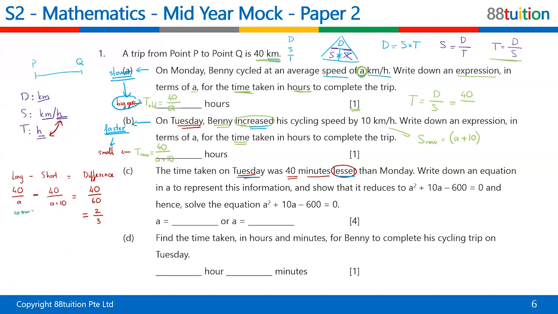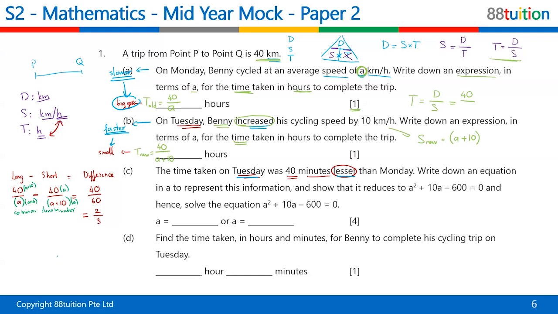Okay, so our common denominator doesn't mean you add 10 to this one up and down, okay? We need to treat this one as a bracket. We treat this one as another bracket. So for the first one, up and down, you will multiply by A plus 10. For the second fraction, up and down, you will multiply by A right here.